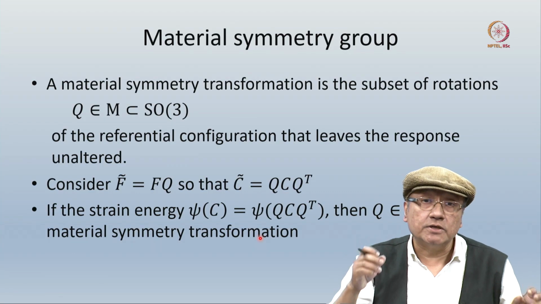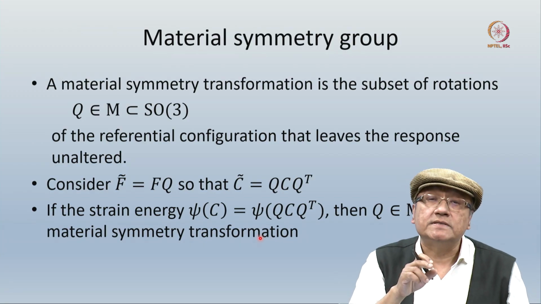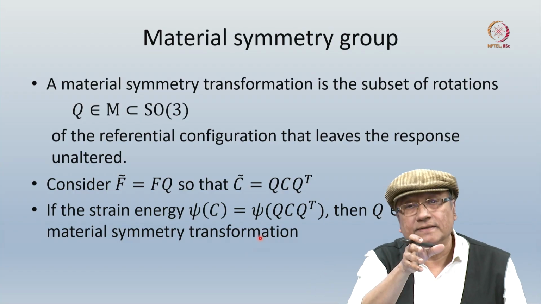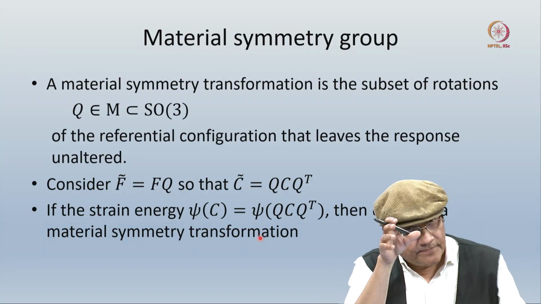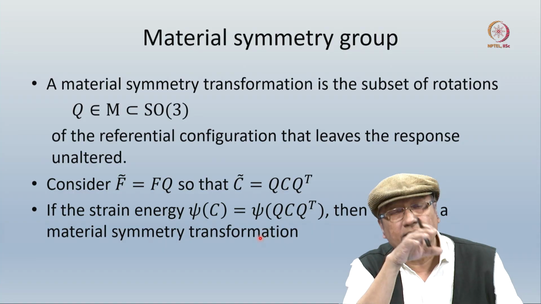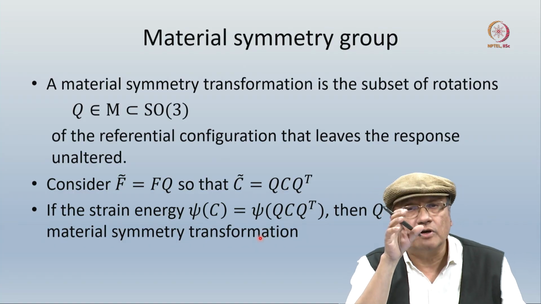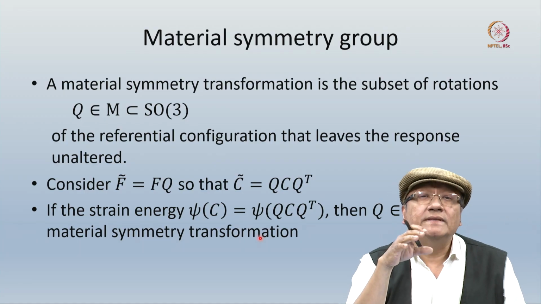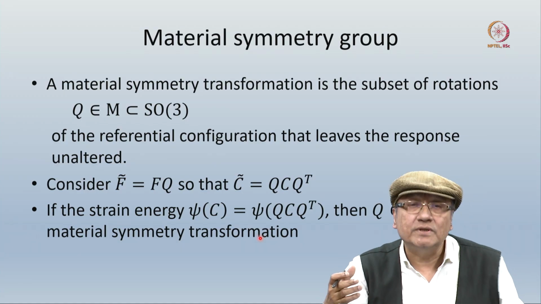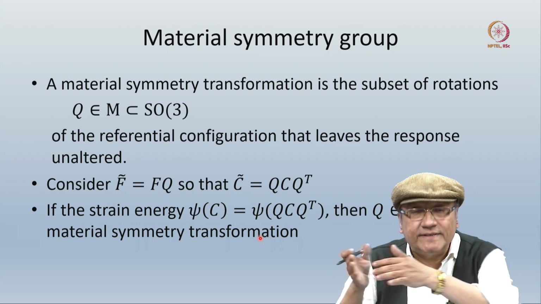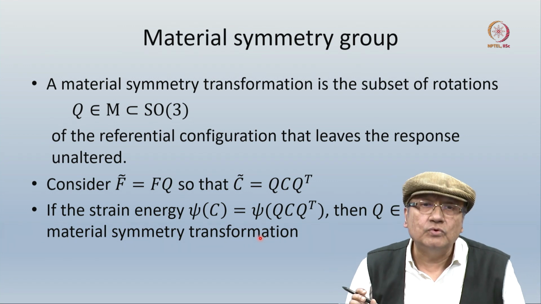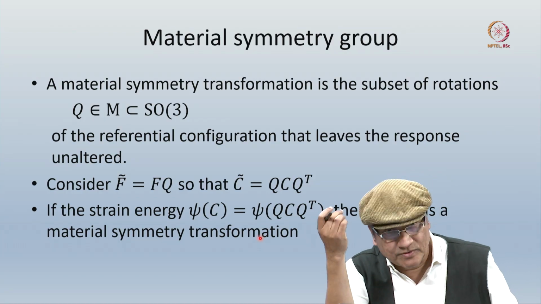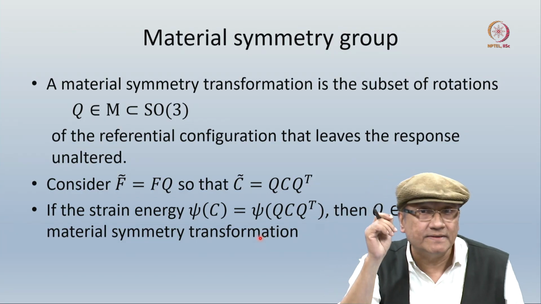So the question of material symmetry group is related to the issue: if you rotate the coordinates in the material body in the undeformed or referential configuration, would the way the material orientations are affect the response? That means would you get a different response or the same response? That is the question.